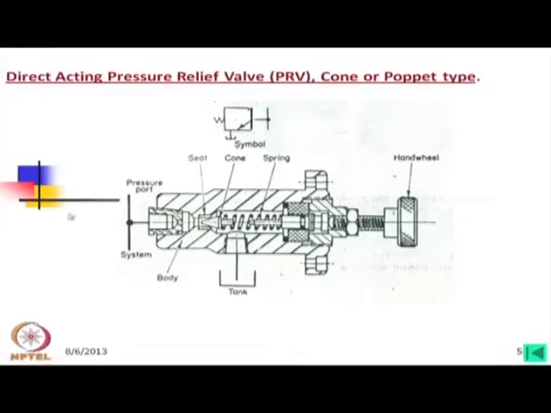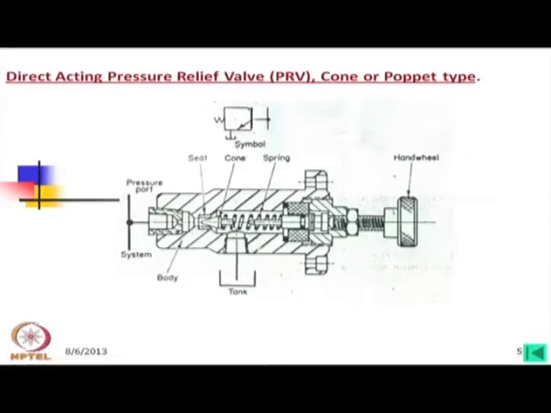So, at that pressure flow should go out, but the problem with this type of valve is that when flow begins, there will be an opening, and due to this opening, if we use the orifice equations, we will find that the pressure inside will drop.